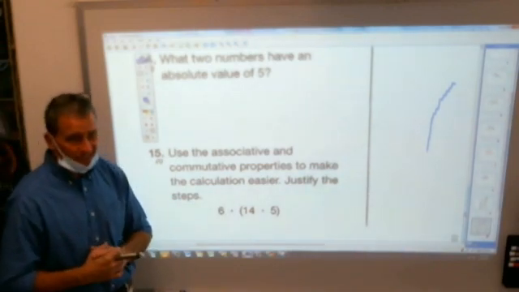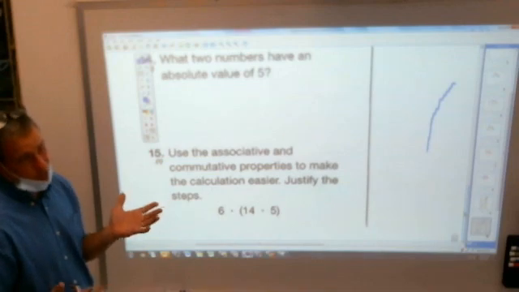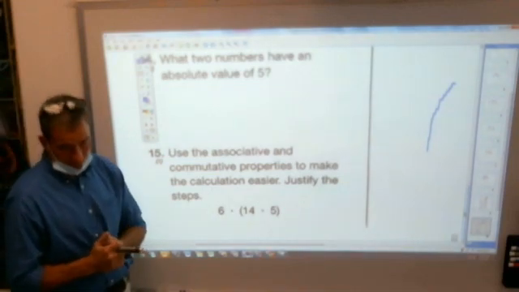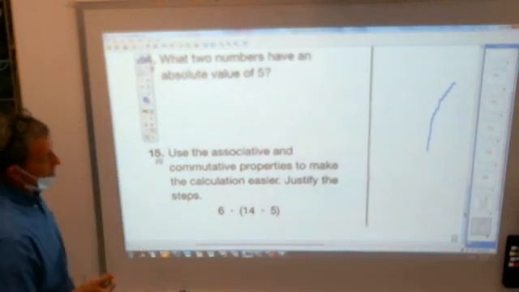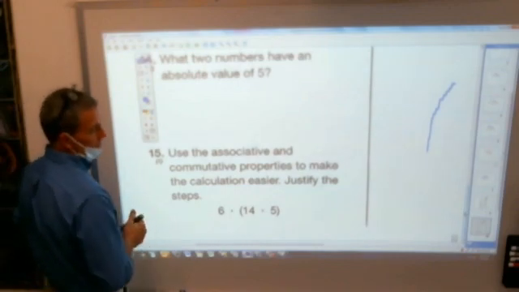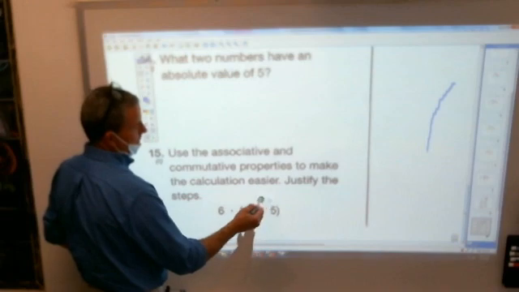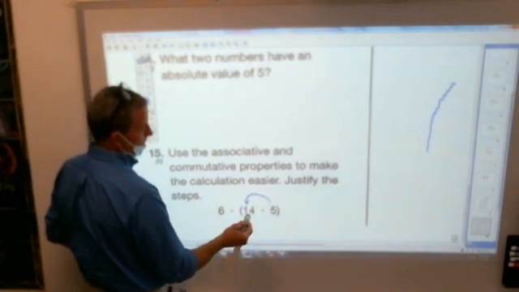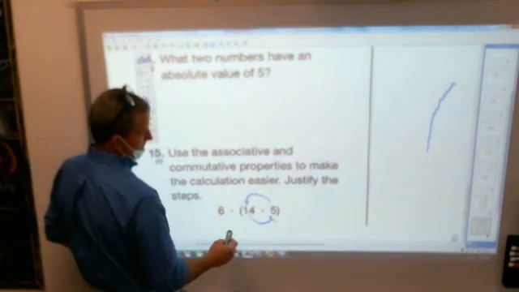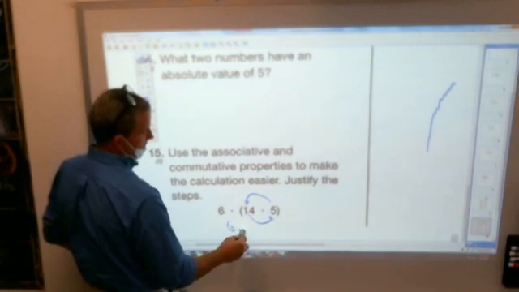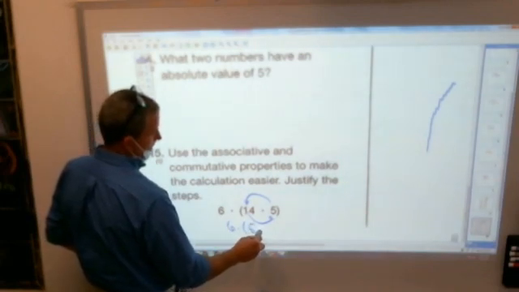But the deal is, in math, you can't just do things because you feel like doing them. You have to have a reason that allows you to do that. So, here is what the book is getting at with that. First of all, I want to get the 5 next to the 6, so I'm going to flip-flop these two. I'm going to put the 5 there and the 14 there. So this would become 6 times 5 times 14.